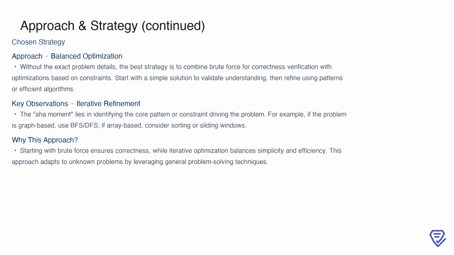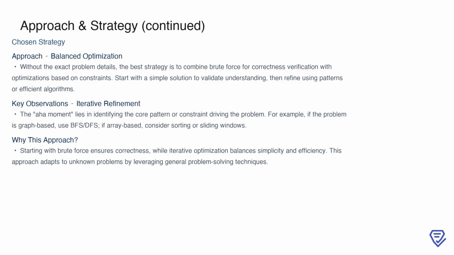Given the lack of specific details for this problem, the most effective strategy combines the brute force approach with iterative optimizations. Starting with a simple solution helps validate our understanding and ensures correctness, while refining the approach based on identified patterns or constraints enhances efficiency. A key step in this process is uncovering the underlying structure or core constraint of the problem.